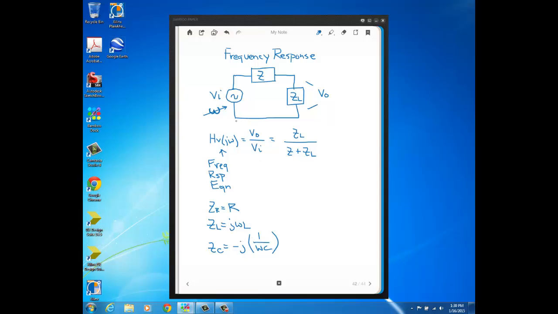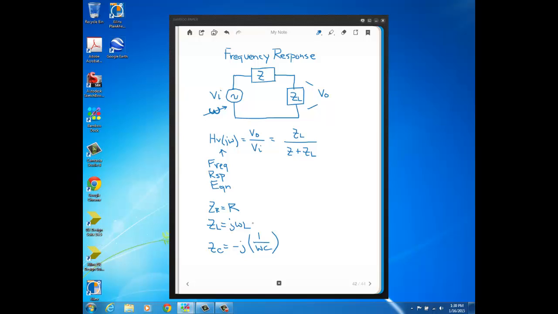So as the source frequency changes, the impedance of the storage elements changes, but in a different fashion. The impedance of a resistor doesn't depend on source frequency, so it's always going to have the same impedance regardless of the source frequency.